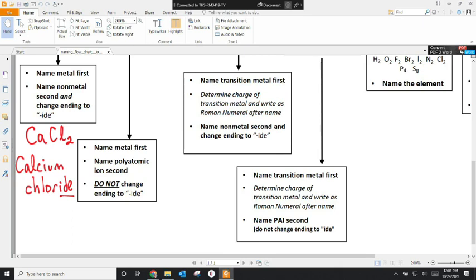All right, so then you can have another option. What if it is a metal that is not multivalent, but you count the capital letters or you count the elements and you have more than 2? All right, in that case, we could have something like strontium nitrate.